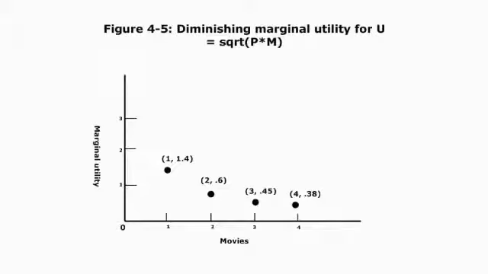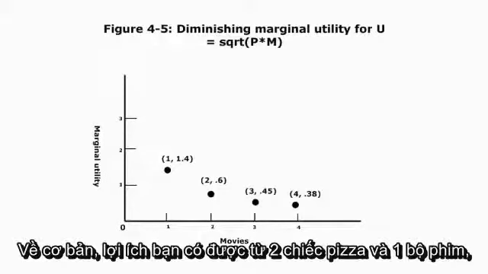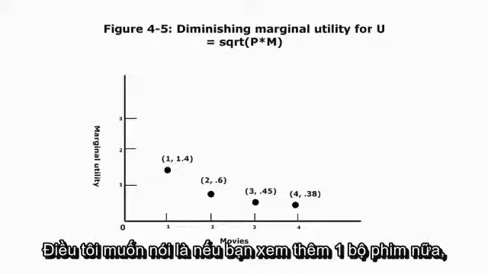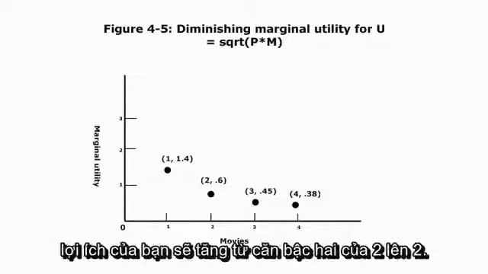So in other words, when you have 2 pizzas and 1 movie, your utility is the square root of 2, right? Now what I'm saying is if you get 1 more movie, your utility is going to rise from the square root of 2 to 2.